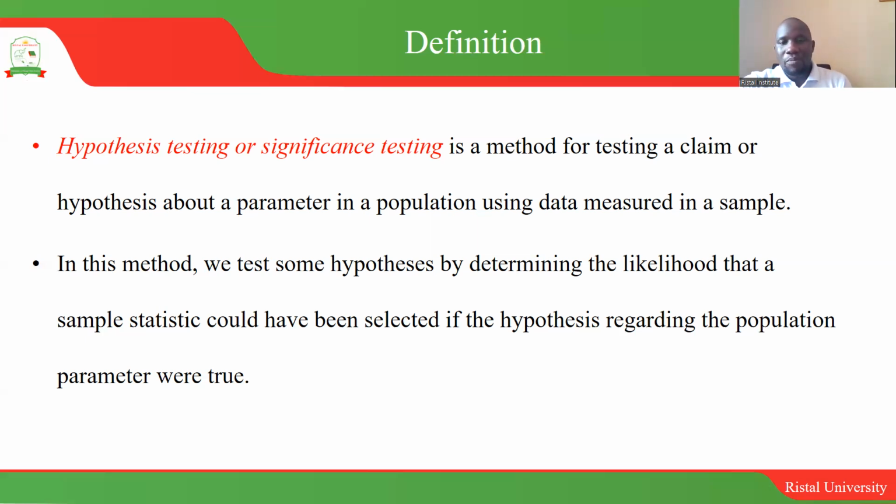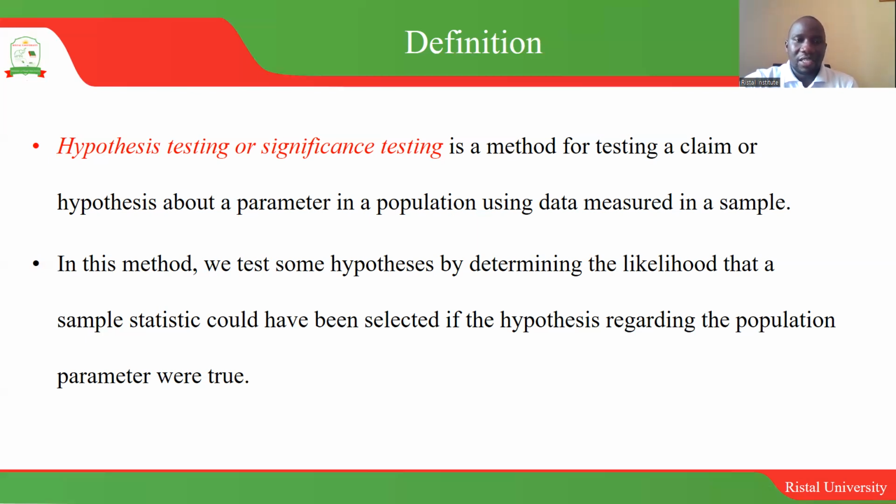So we basically are testing the likelihood that what we are seeing in the sample actually is a reflection of what the population parameter is all about.